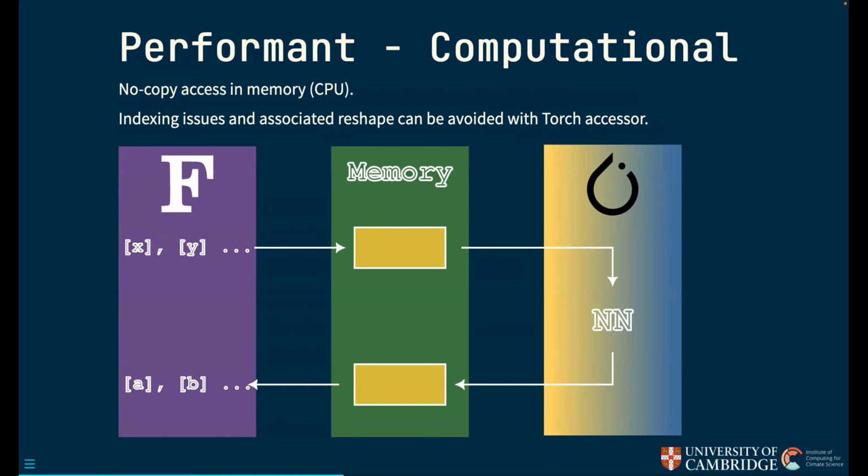So here, hidden away under the hood with some clever use of pointers, we can take Fortran data that is stored in memory, and we can then pass that as a pointer to PyTorch, and PyTorch will then use this to access the Fortran data stored in memory, run the inference, and then return it to Fortran, all without needing to do any copying, which is quite a nice aspect.